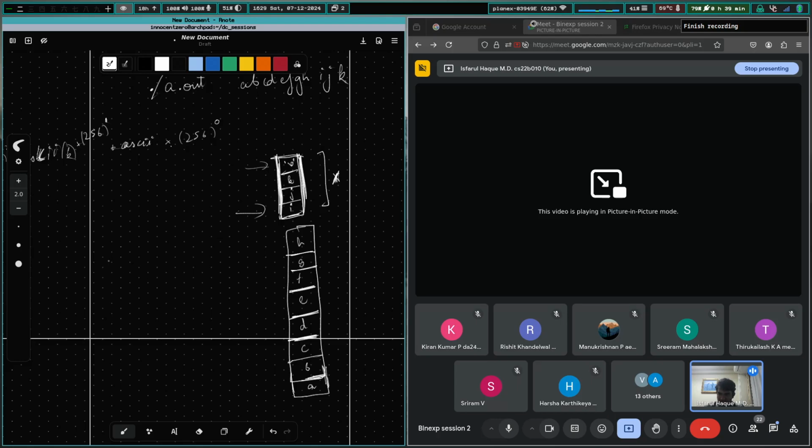So the number becomes I into something cube plus j into something square plus k into something plus 0 into something power 1 plus 0 into something power 0. What is that something? 256, like Harsha pointed out.